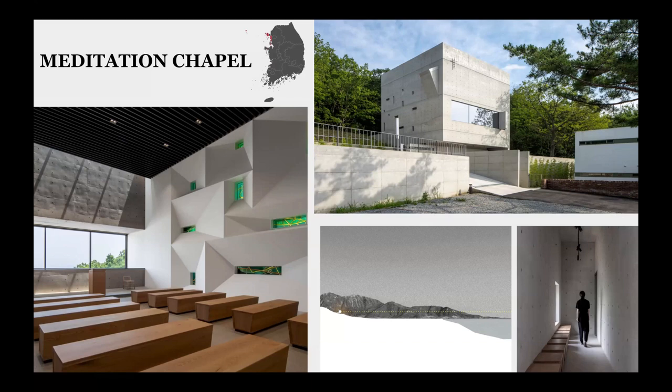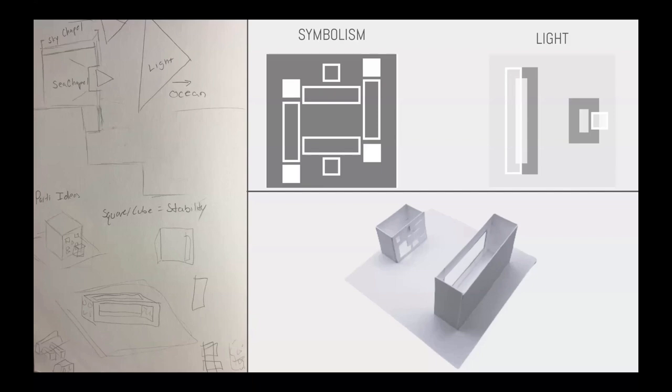The space has a large front-facing window that looks out onto the West Sea, while also using other windows, such as the small slit window at the top and the stained glass window. I further researched this by making partis based off light, and I used transformation and axis, and then symbolism, which I used transformation.